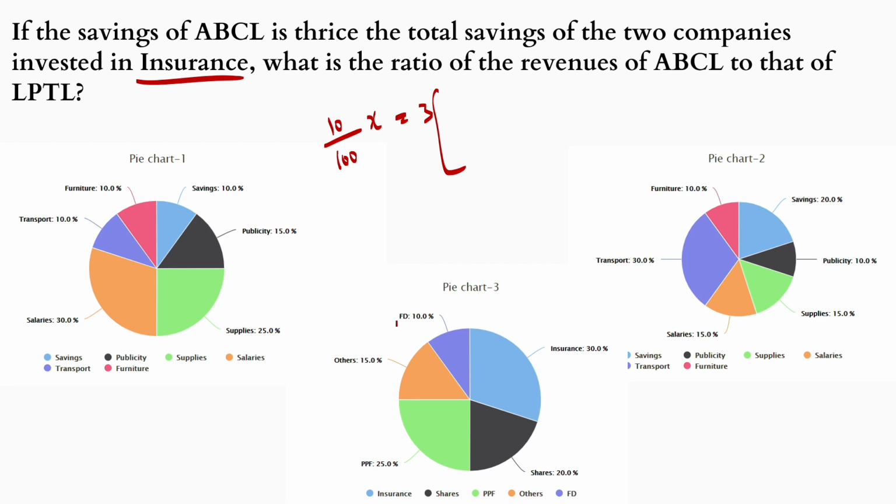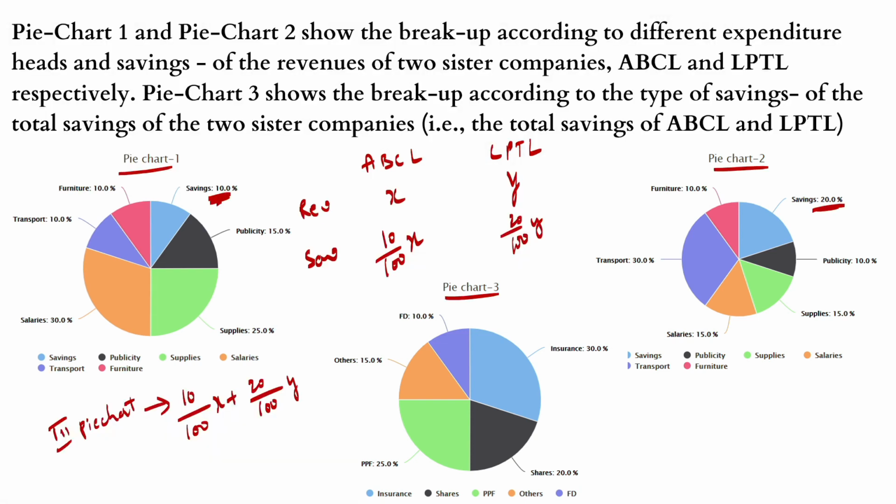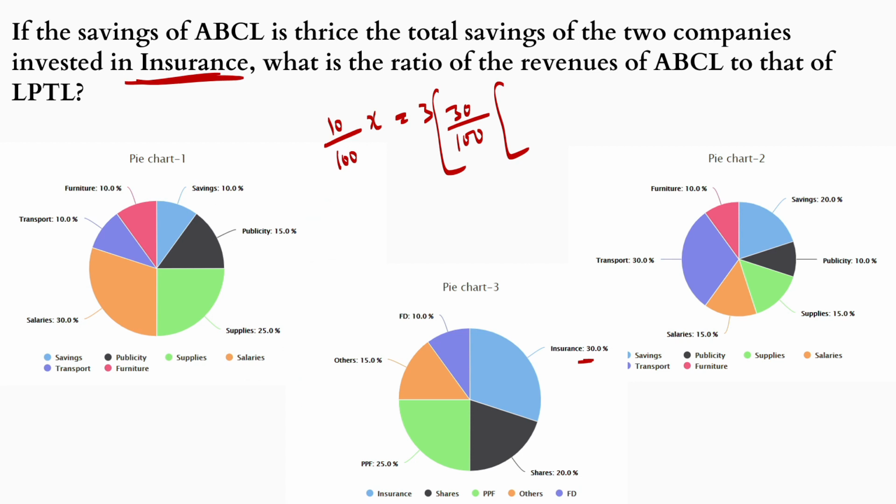So for total savings we have to look into the third pie chart, that too the insurance part. The insurance part is 30%. So 30 by 100 of the total savings, which we calculated in the previous slide: 10 by 100 of x plus 20 by 100 of y.